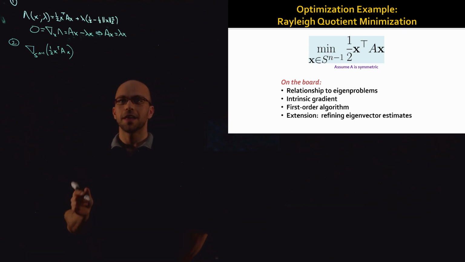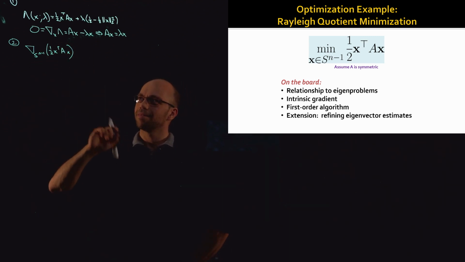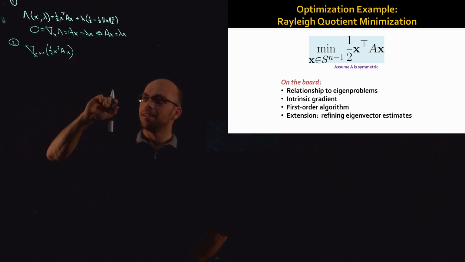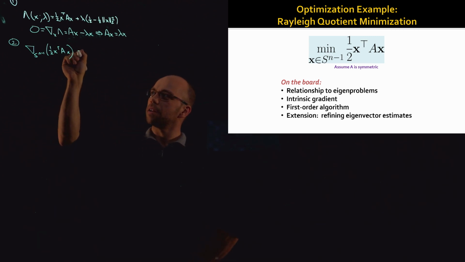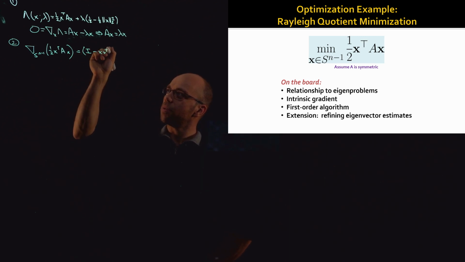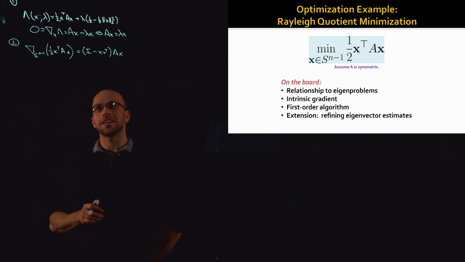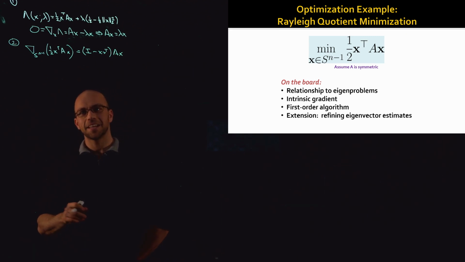Remember how I can do that when I have a function that's defined on all of space. I can take the gradient of the inside, so that's Ax, and then project it back onto the tangent plane. So what I'm going to get is (I minus xx transpose) times Ax. That is, at the end of the day, the intrinsic gradient of my objective.